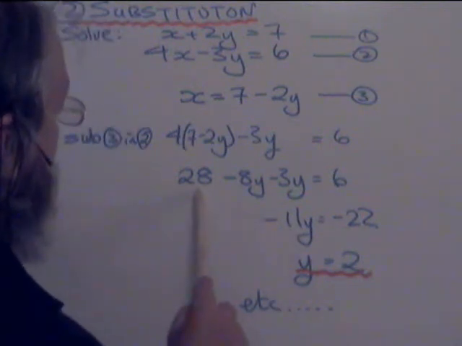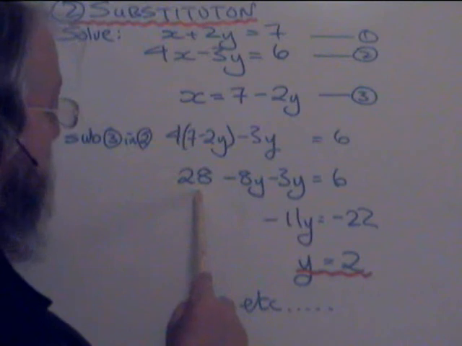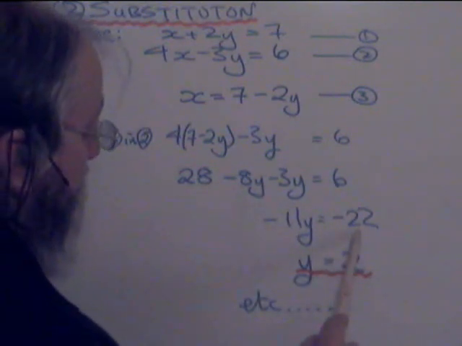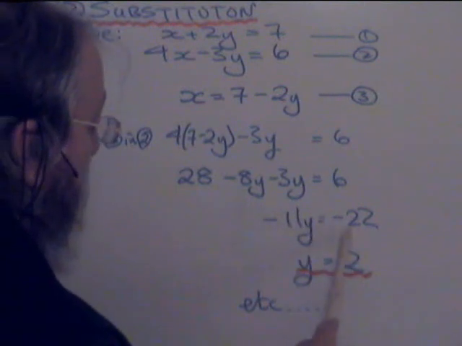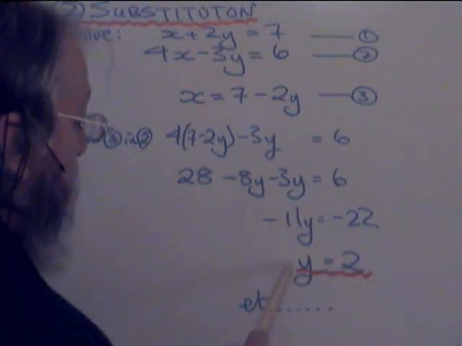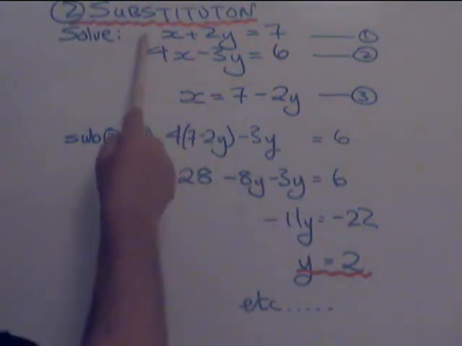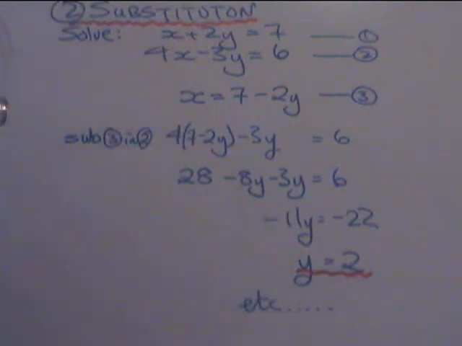And I've got a 28 here, which I subtract. I subtract from this side as well. Gives me minus 22, and when I solve this it gives me y equals 2. What I do with this then is substitute it back probably into equation 1 and continue, and of course I should find that I get exactly the same solutions.